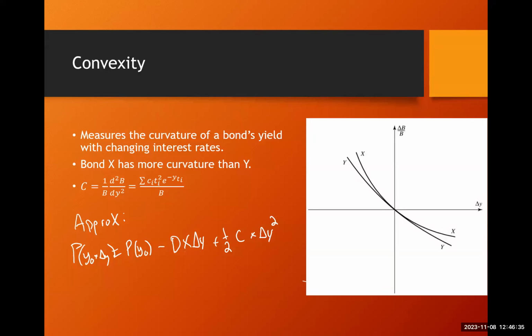This is just based off of Taylor series. So you can expect to see a question that asks you to approximate the change in value of an instrument using the duration convexity approximation.